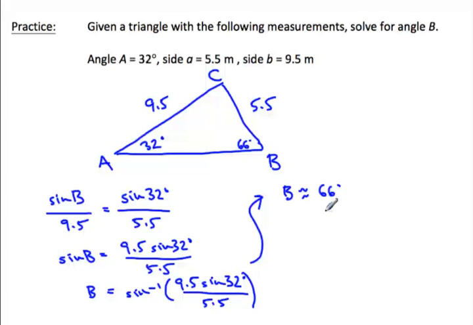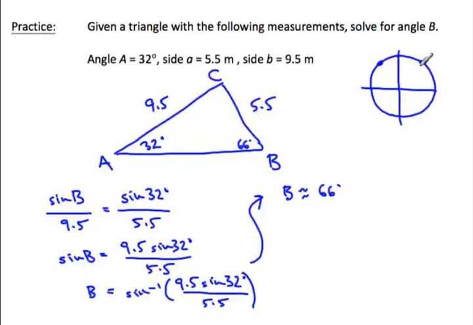But remember that there are 2 values between 0 and 180 degrees that will have the same sine value, the same sine ratio. If we think of the unit circle, remember that sine represents the y-coordinate. Between 0 and 180 degrees, this point has the same y-coordinate as this one. There's going to be 2 values for angles between 0 and 180 that have the same sine ratio. That means there's actually 2 answers for this.